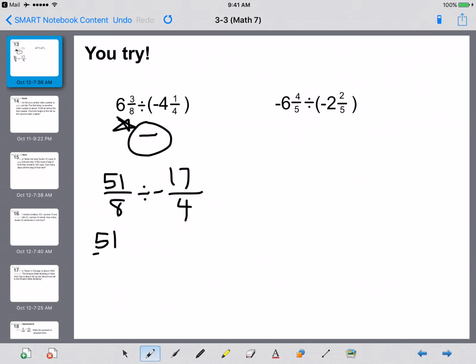We're going to stay, switch, and flip. So get our inverse, 4/17. 51 times 4 gets us 204. 8 times 17 gets us 136.